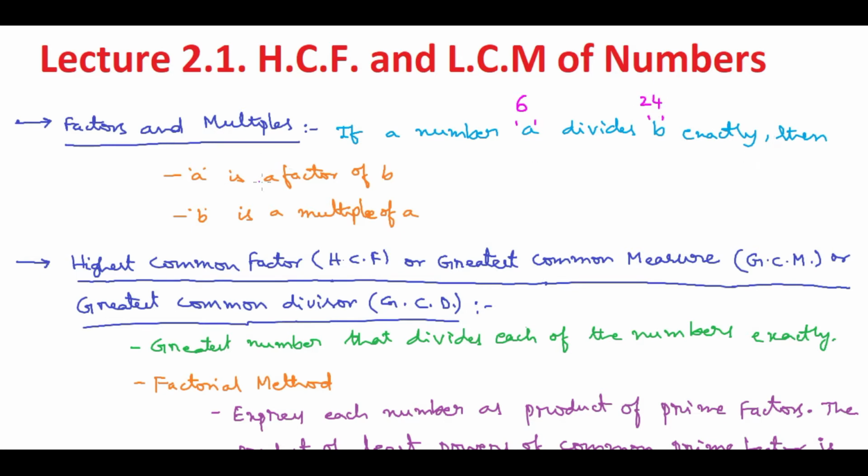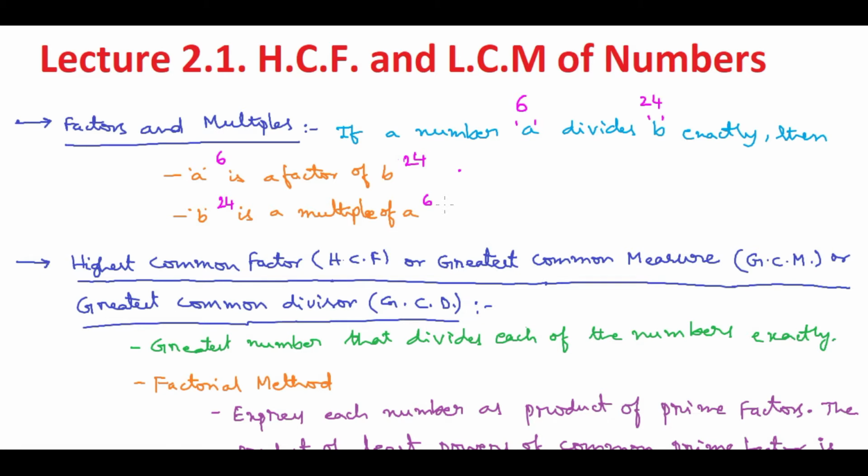Then 6 is a factor of 24. Now 24 is a multiple of 6. That we need to keep in our mind.